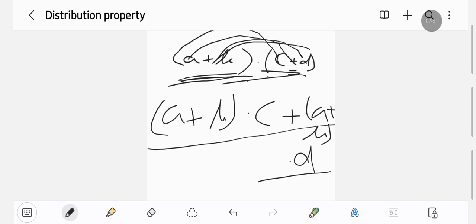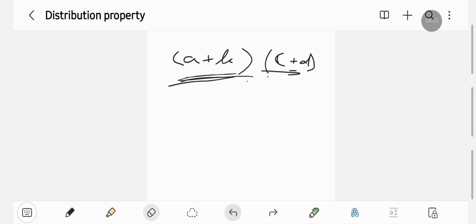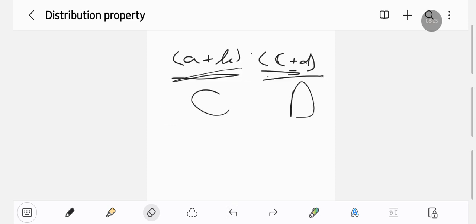Let me explain. Let's first explain without the FOIL method. Now how distributive property works in this case. Okay, nice.